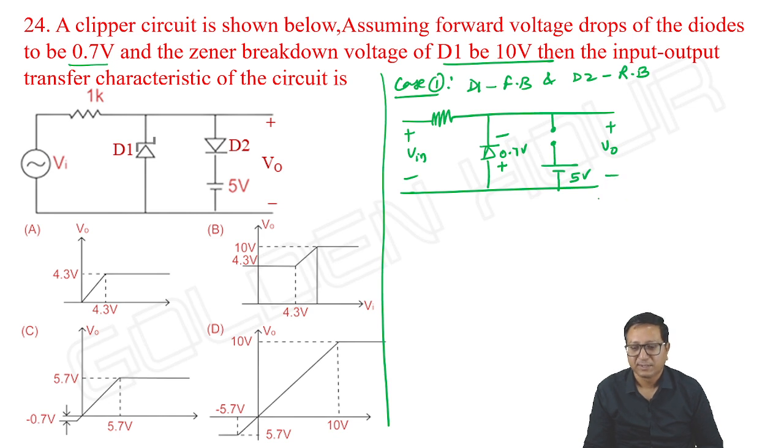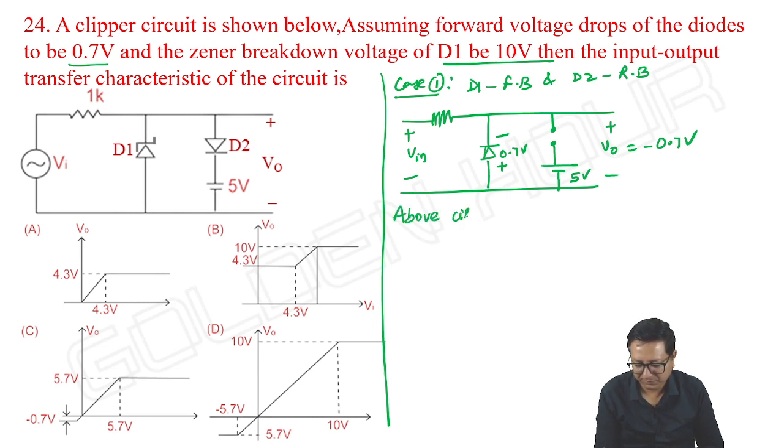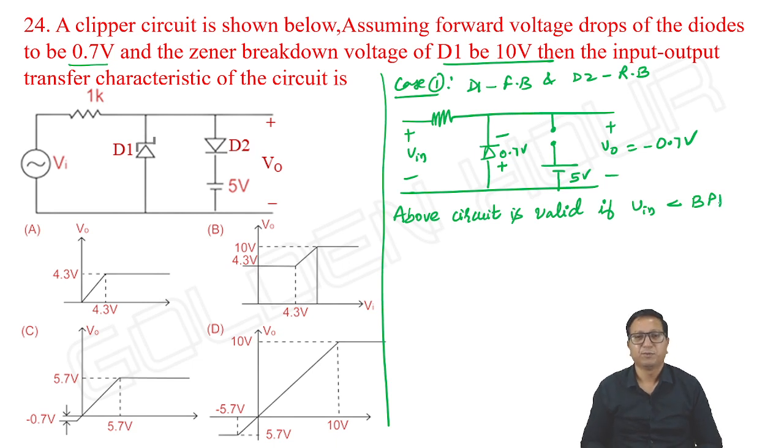Okay, then what is V output? Minus 0.7 volts. And how long is this valid? This is valid as long as input is negative or less than 0 ideally, or I can say less than breakpoint 1. V input is less than breakpoint 1.